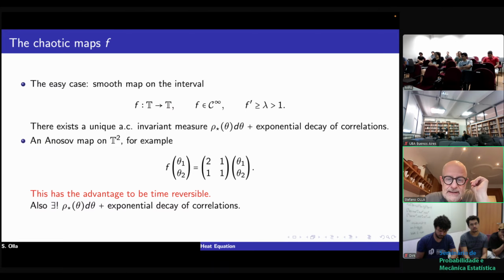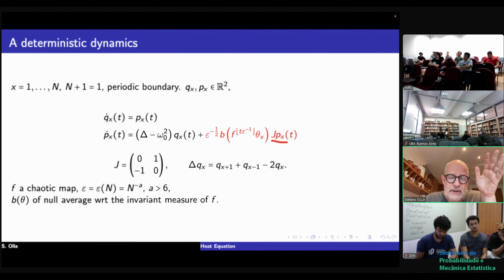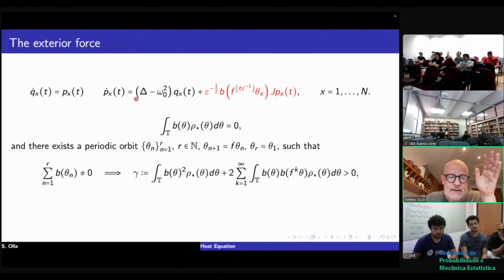Okay, so these are the types of chaotic deterministic perturbation we put in the dynamics. So I write here the dynamics. Now you know what f of theta x is, and every time this jumps, there is a rotation happening.